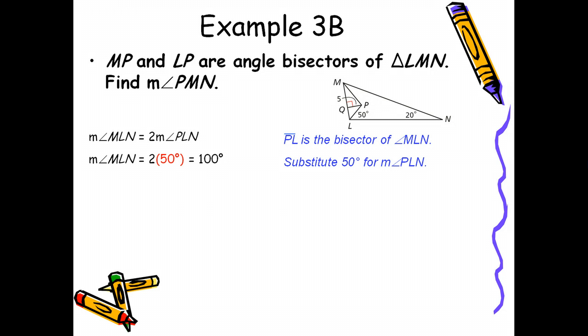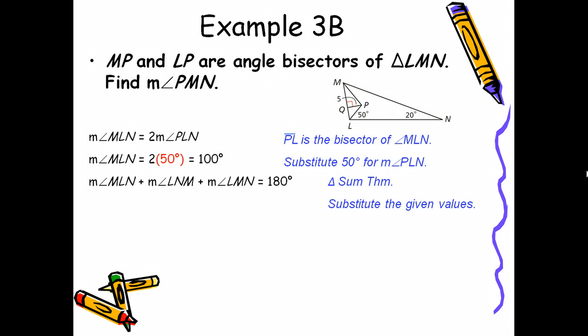Remember what we said, we look at the numbers, not the picture. The triangle sum theorem lets us say that the measure of MLN plus LMN plus LNM equals 180 degrees because the measures of the angles of a triangle are always 180.